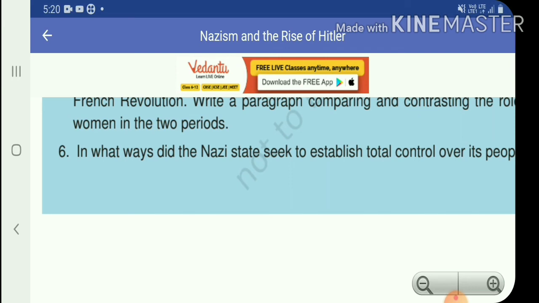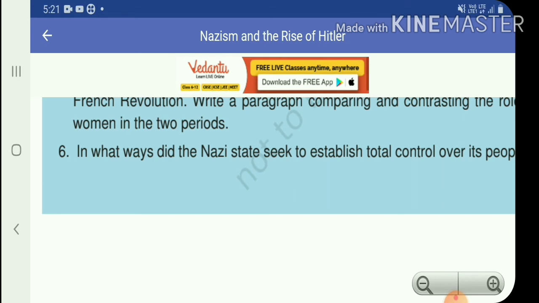Blaming the act of arson on communists and other enemies of the state, Hitler passed the first fire decree in 1933, which suspended civic rights like freedom of speech, press, and assembly. Thus, Hitler effectively started controlling the German population.